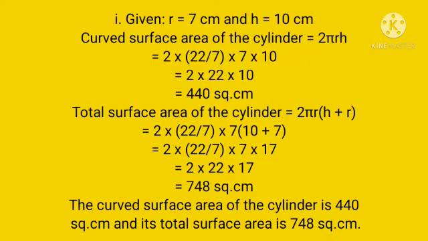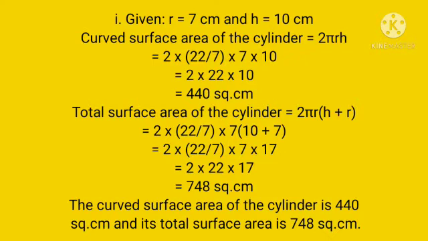Now, total surface area of cylinder is equal to 2 pi r multiplied by h plus r. Let us substitute their values. So we get 2 multiplied by 22 upon 7 multiplied by radius 7 into 10 plus 7.